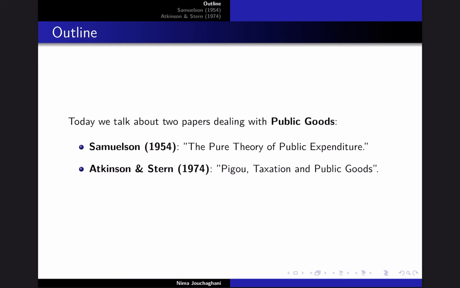And then we will talk about a paper by Atkinson and Stern from 1974 with the title Pigou Taxation in Public Goods, which is building upon the Samuelson paper.